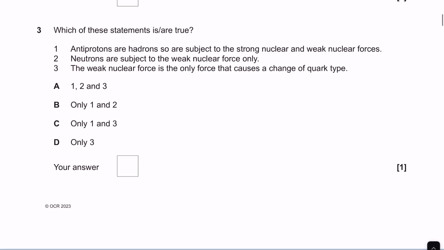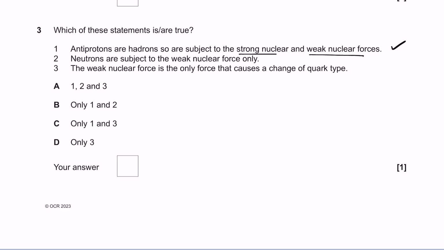Question number 3. Which of these statements is or are true? Antiprotons are hadrons, so are subjected to strong nuclear and weak nuclear forces. So that is true because they interact through strong nuclear force, but they can decay through weak nuclear forces. Point 2, neutrons are subjected to the weak nuclear forces only.